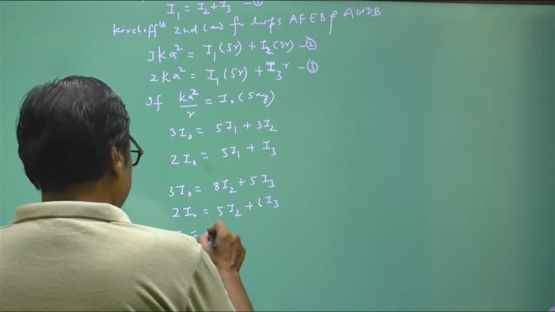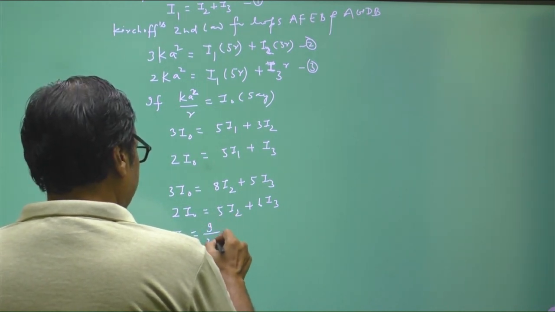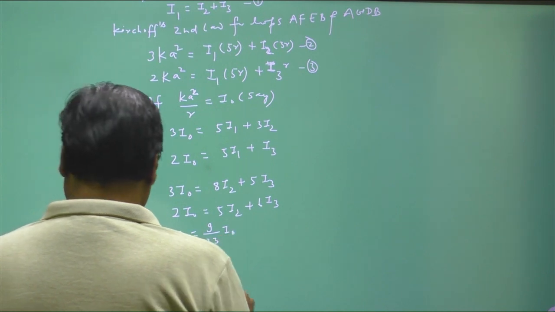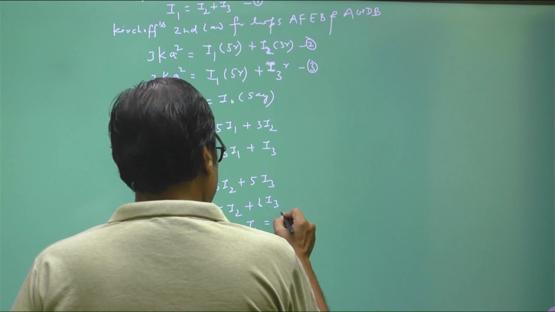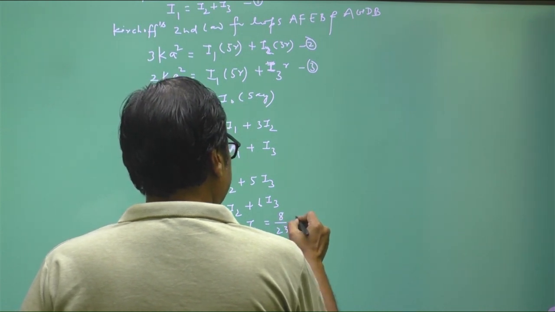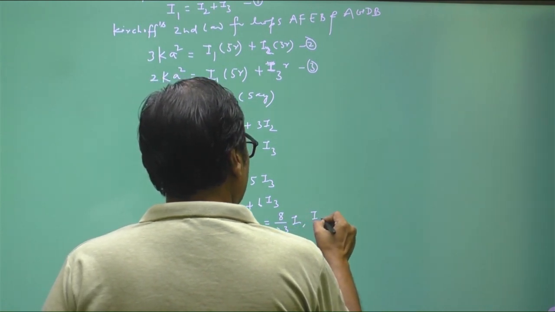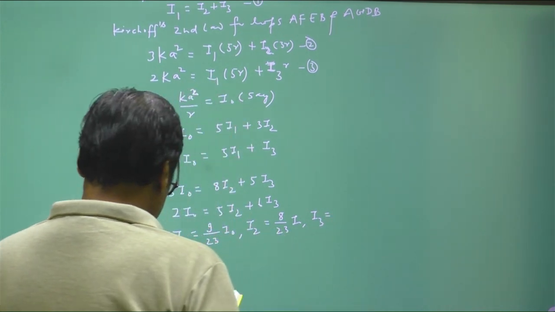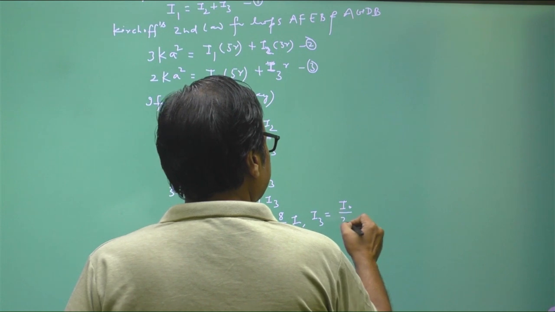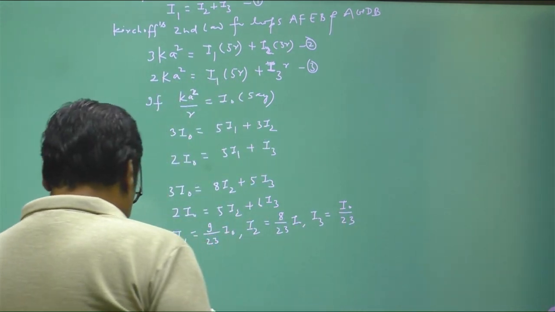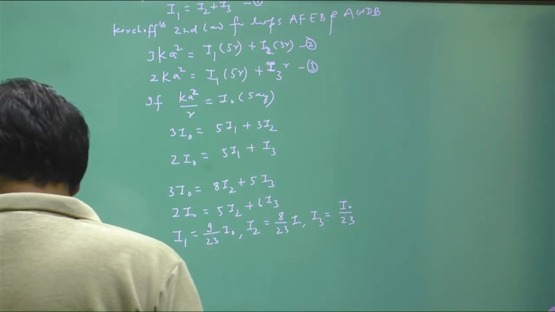I1 equals 9 upon 23 I naught, and I2 equals 8 upon 23 I naught. And what was the value of I3? That was I naught upon 23. So I already got the values of I1, I2 and I3.